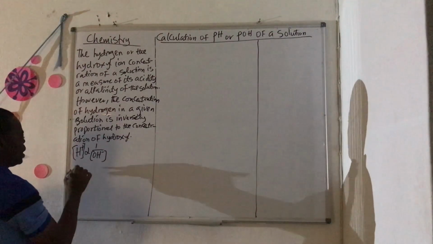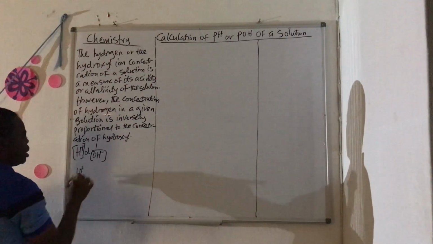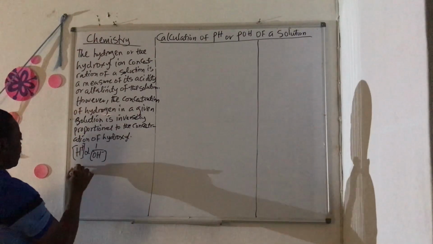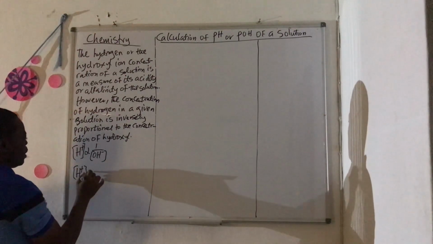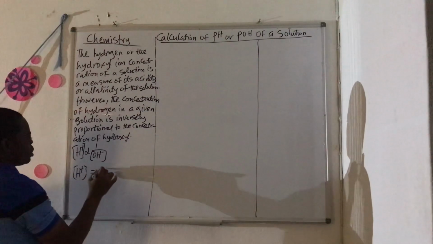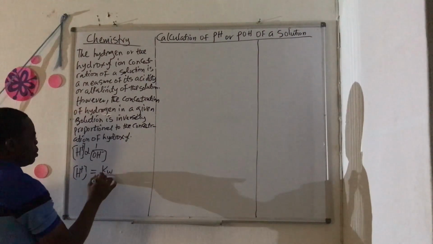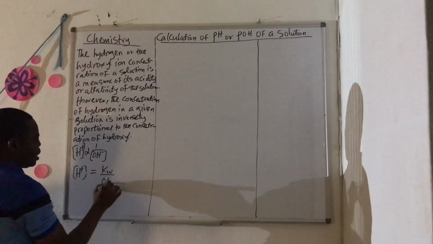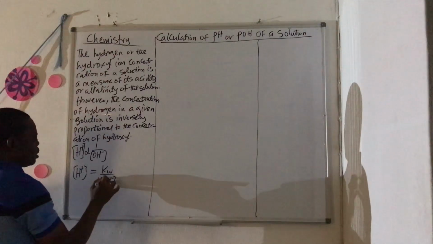We can quickly write it this way: hydrogen ion is equal to Kw over hydroxide ion.